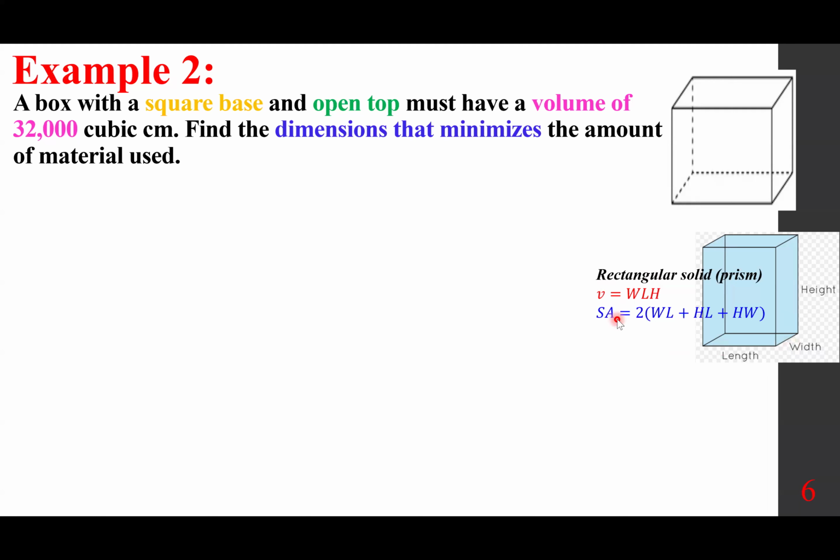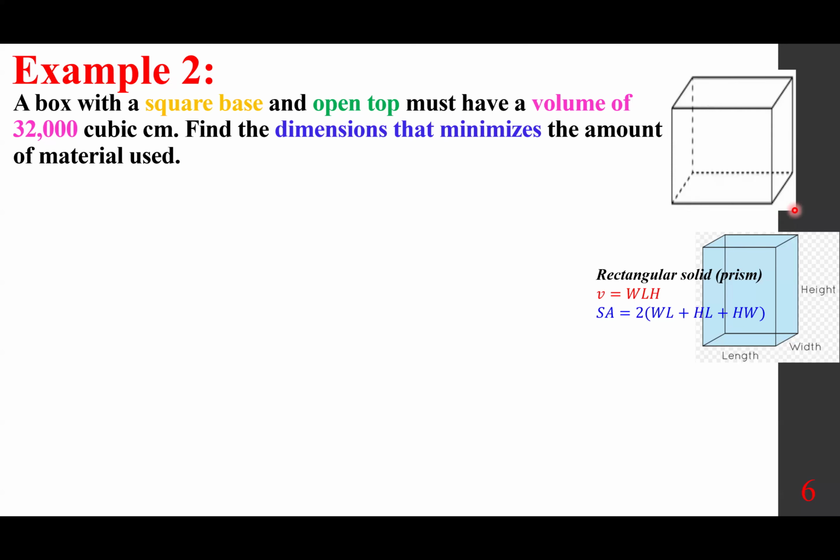The surface area, if you multiply the width times the length to get the base, you need two of them. That's why we have the two. If you multiply the height times the length, we get the face in front, height times the length, which is two of them, the one in front, the one in the back.